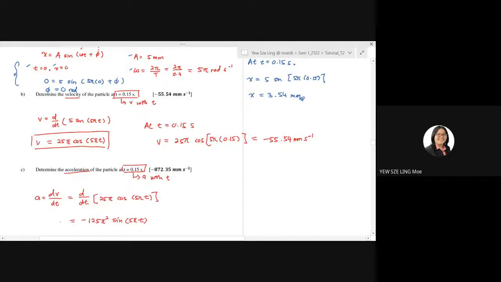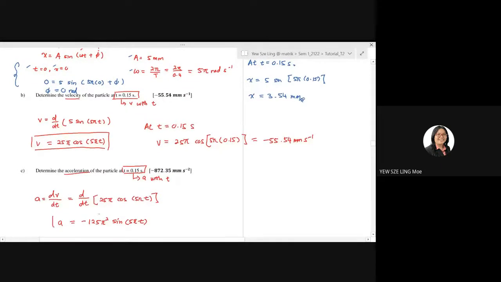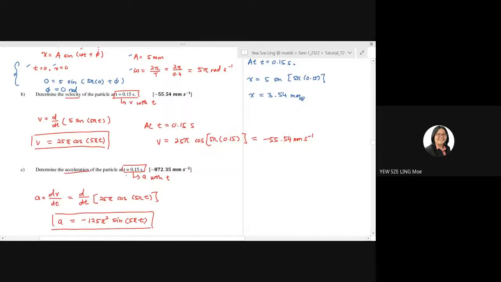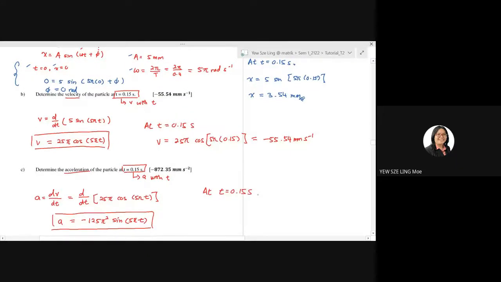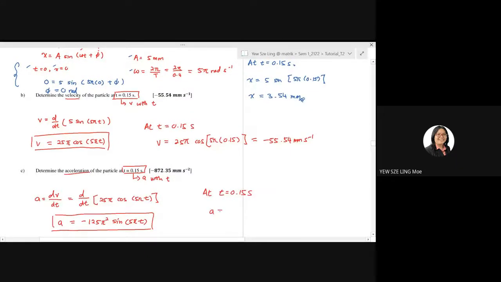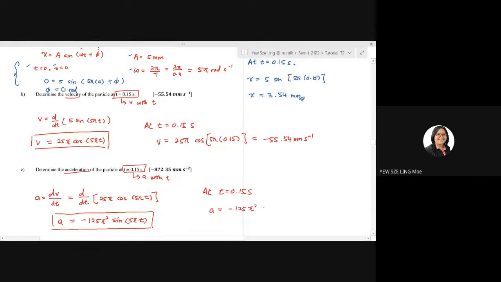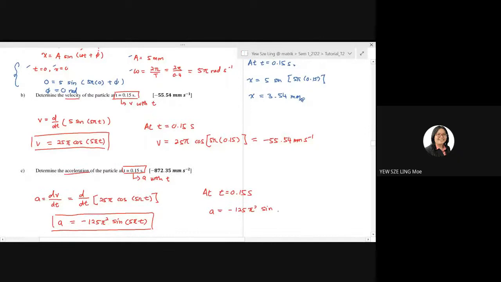So this is the equation for A. According to the question, we calculate acceleration at t equals 0.15 second, so A is equal to negative 125 pi squared sine 5 pi 0.15.